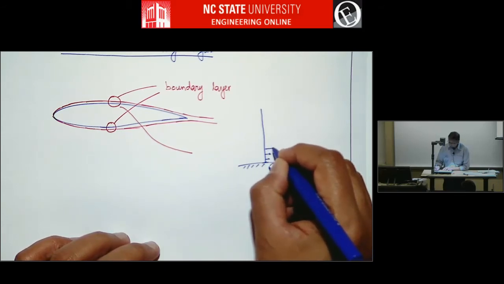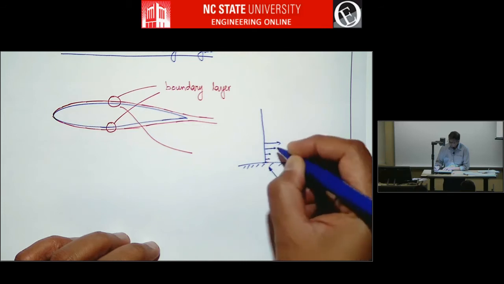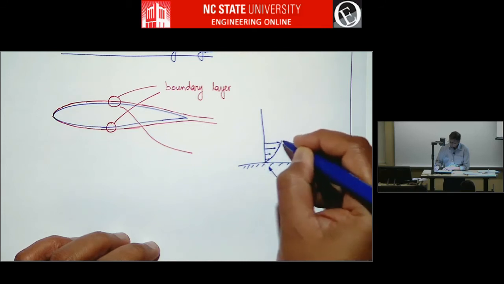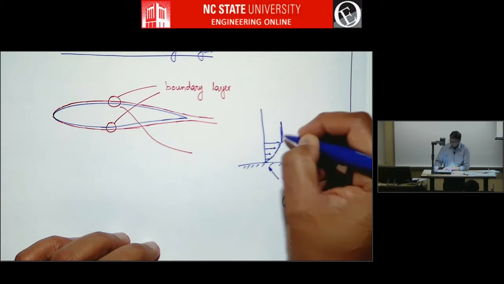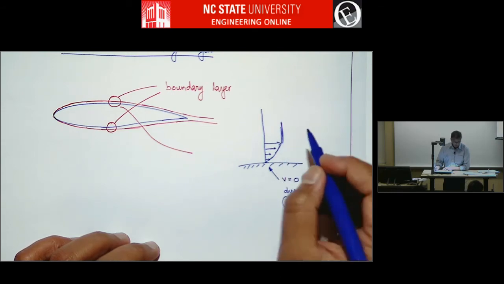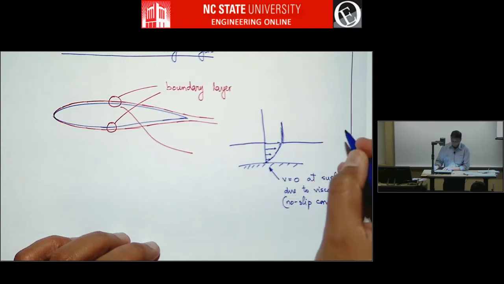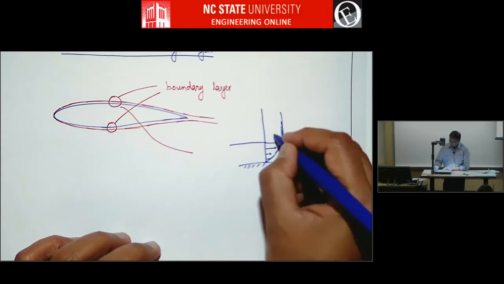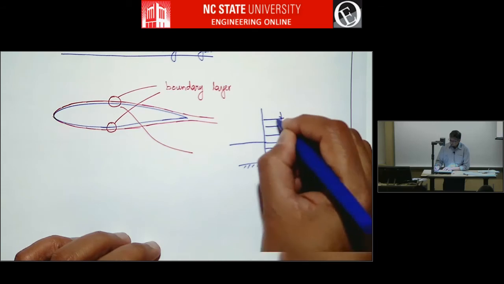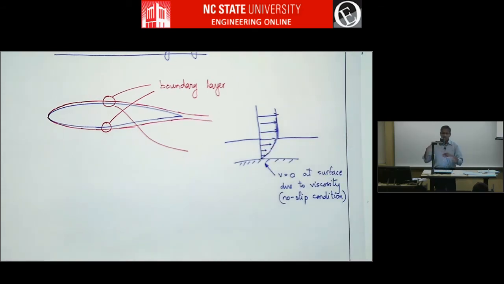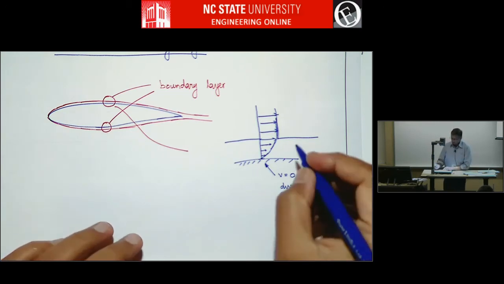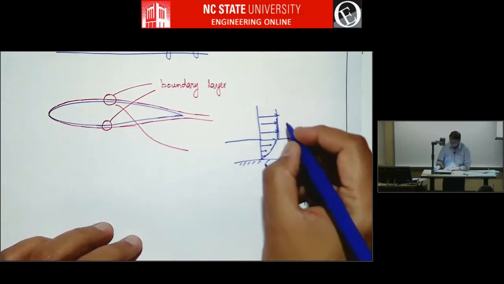The flow velocity will increase until at some point it reaches the edge velocity. And after that it stays at the edge velocity, at least for some distance, and then you have inviscid flow effects taking over.